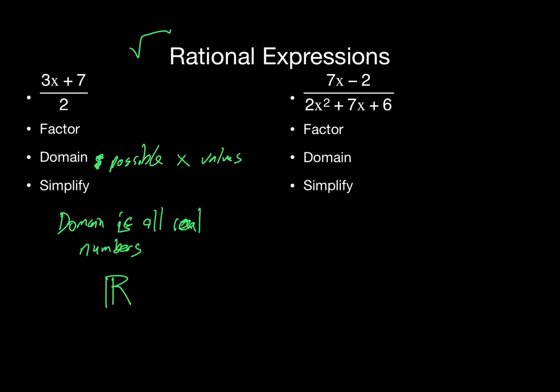Now we work to another one and say, all right, can this be factored? Well, in the denominator, I have 2x squared plus 7x plus 6. We're trying to think, is that something that can be factored? 2, 7, and 6, well, even number, odd number, even number, so they're not all divisible by 2. But it is a squared function, so I'm thinking, can it be factored into something like this?